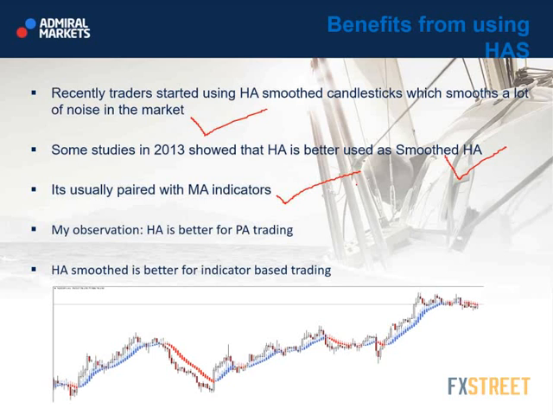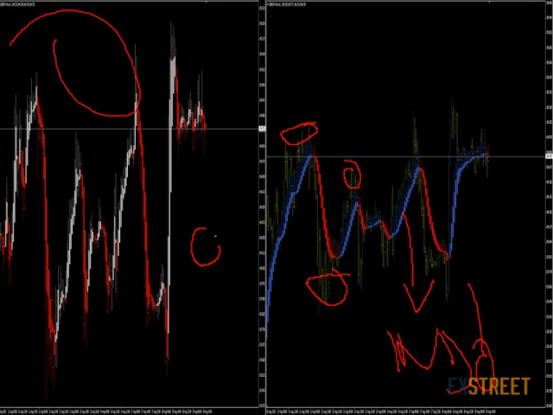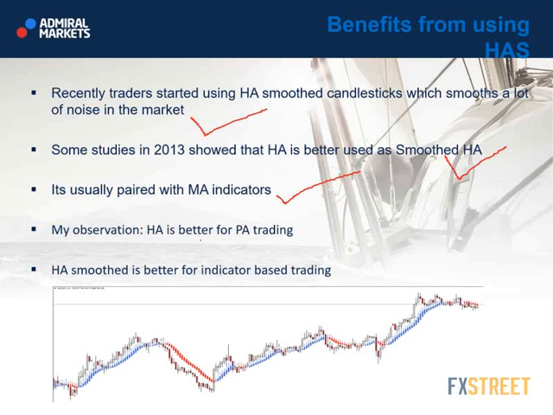My observation has concluded that Heiken Ashi standard is better for price action trading, price action methods. For example, in one of our future webinars, I will be showing you how to combine Heiken Ashi with EMAs. Now, to the contrary, for system-based traders, Heiken Ashi smoothed is better.